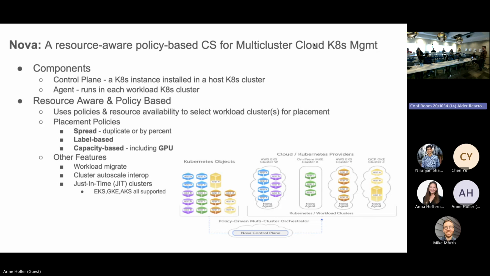Right, if you're using multiple clouds, which we're not using in this particular talk, your agents need to know how to talk to the API server of this control plane, not the EKS control plane, but our Kubernetes cluster that's running our control plane. As long as you can talk to that cluster, you're okay. You're not talking to EKS's control plane. You're talking to Nova's control plane, which is just an application.